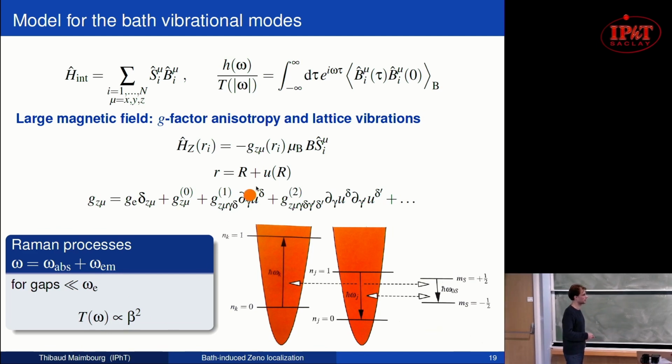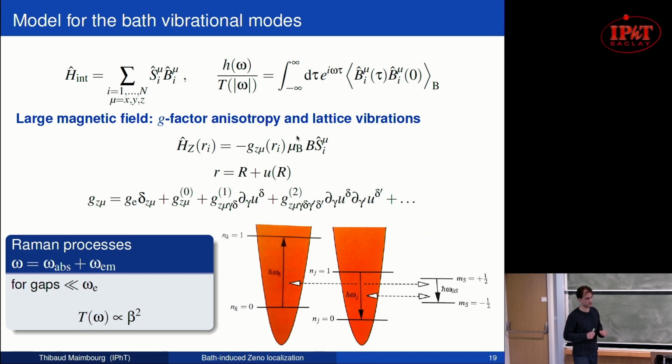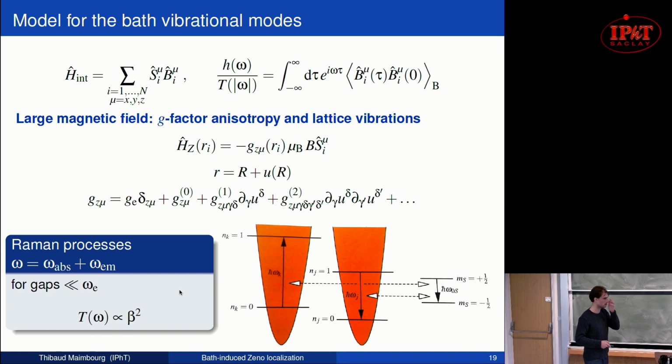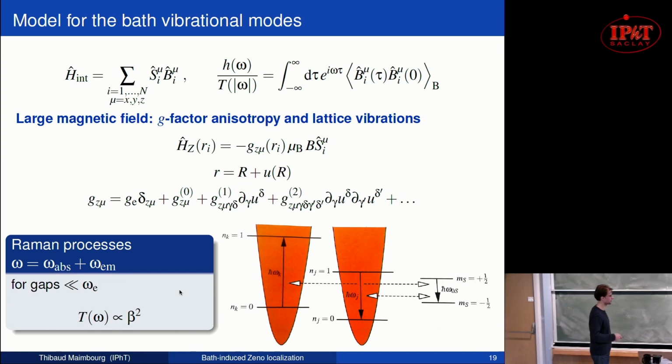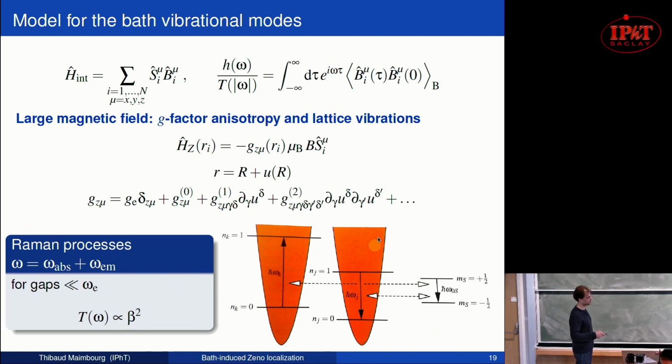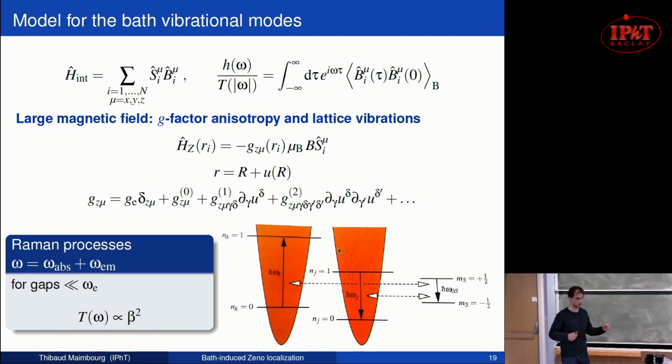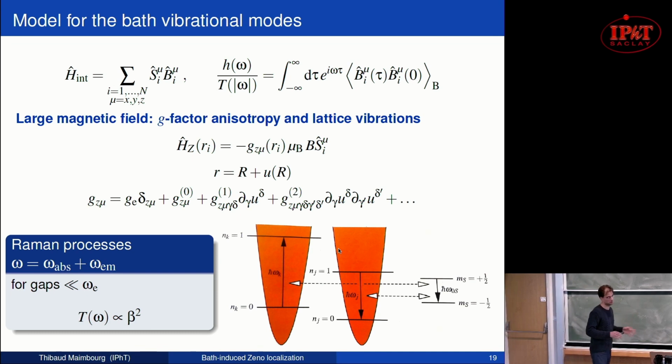If you're just exchanging one phonon to get omega, which is called the direct process, it works, but you get a temperature dependence that is beta instead of beta squared. So it's not really what you see in experiments. If you go to the higher order process where you exchange two phonons, then you can get this.